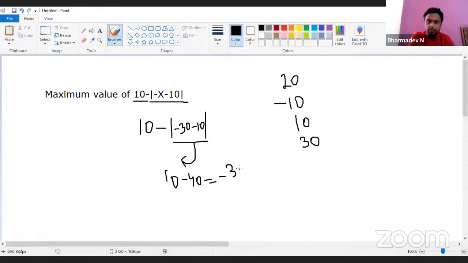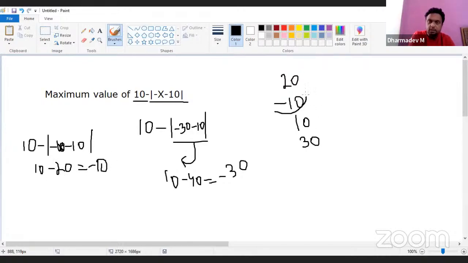Now if I go with the next option, option 10. So 10 minus modulus of minus 10 minus 10. That is minus 20, which will become positive 20. So 10 minus 20 is minus 10.